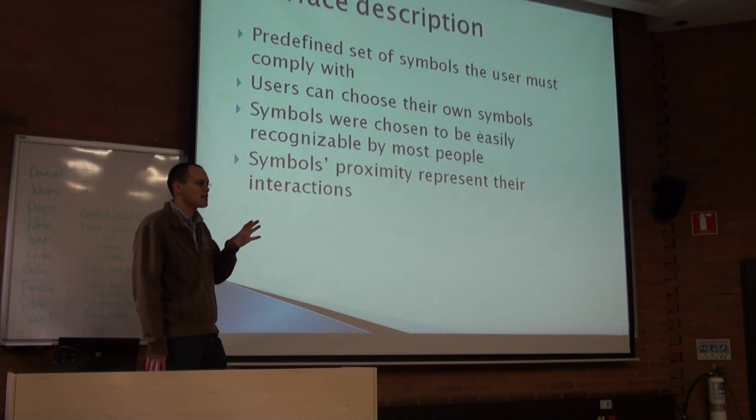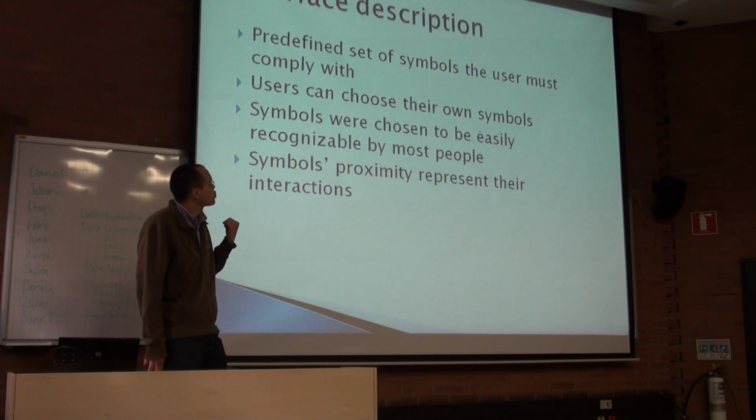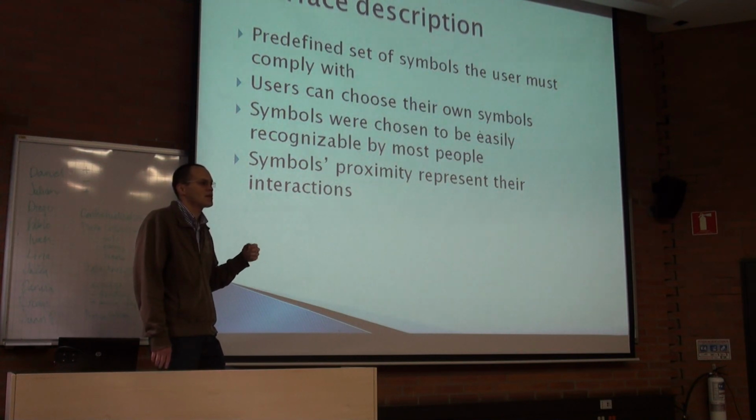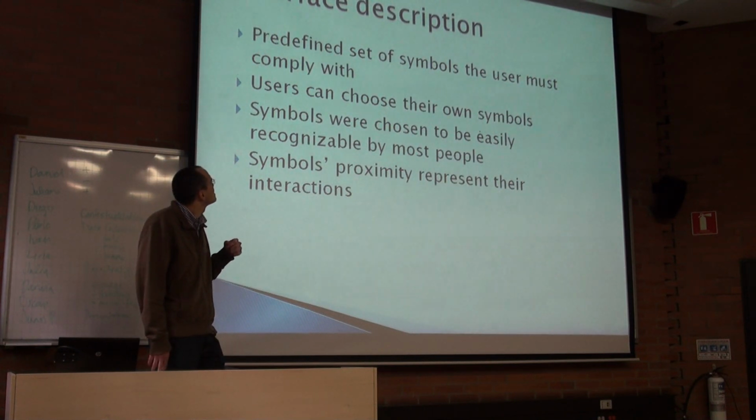So first, we told the users to say which actors, which were the main characters of their story. Okay? They had to say, I'm going to use a stick man, I'm going to use a dog, a house. They predefined that.